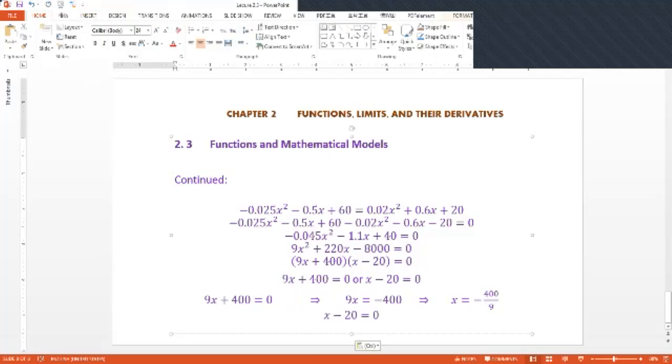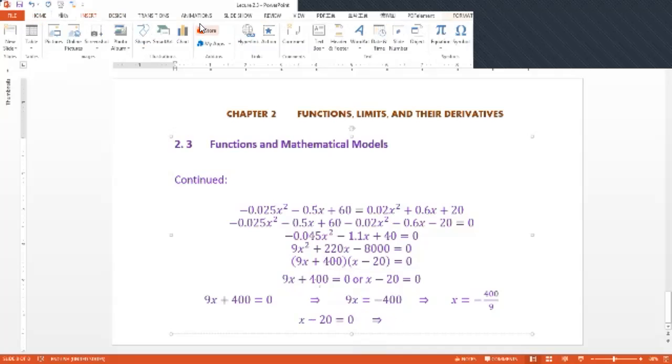So x minus 20 equals 0, that one is easy. What do you do? Just move 20 to the right, so we get x equal to 20.